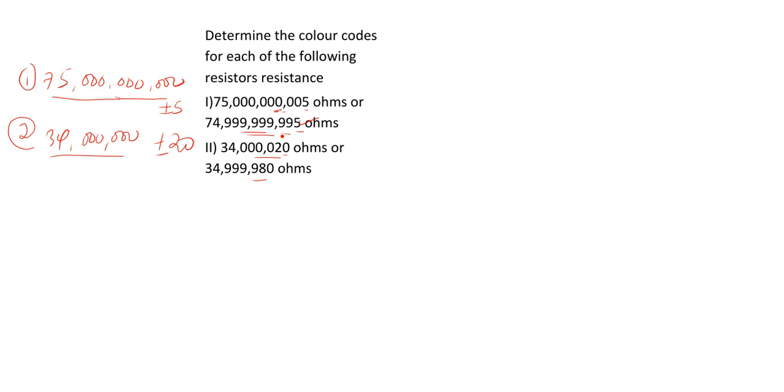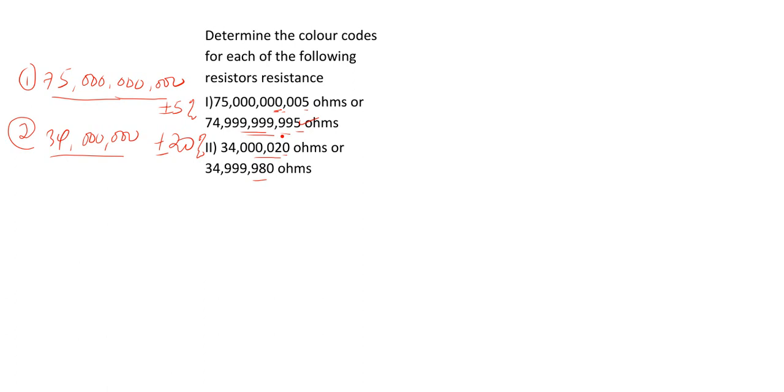So in the first case, the tolerance is plus or minus 5%, and in the second one, the tolerance is plus or minus 20%. So that is how these values have been framed, which is very tricky if you don't observe them at that angle.